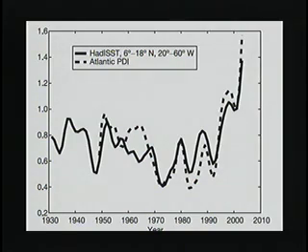Here's some striking results. There are two curves on this graph. The solid one is a measure of the sea surface temperature in the tropical Atlantic, and the dashed line is a measure of the damage done by hurricanes, or the potential damage as a function of this duration and maximum wind speed.